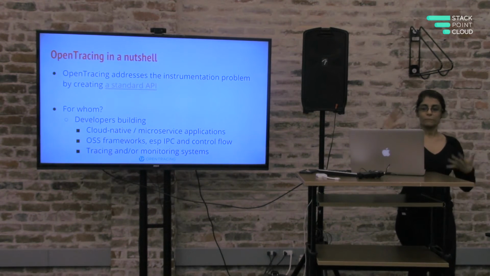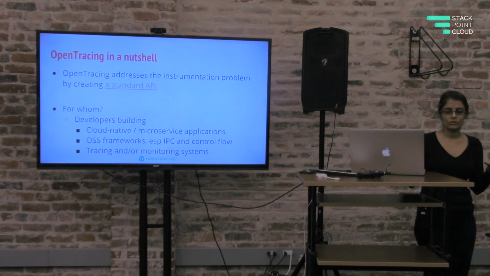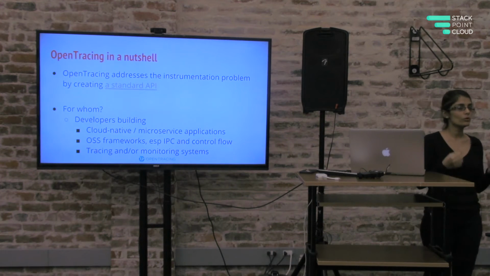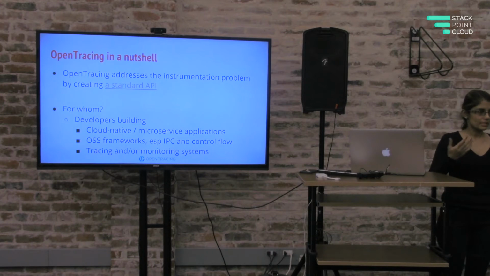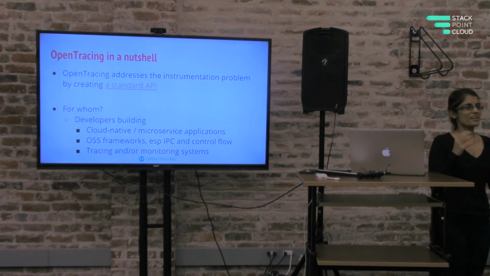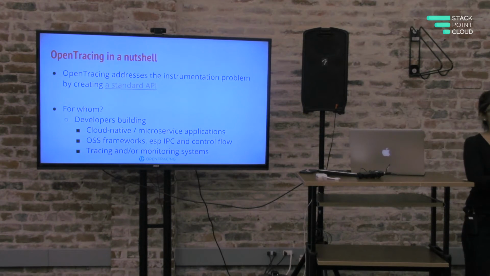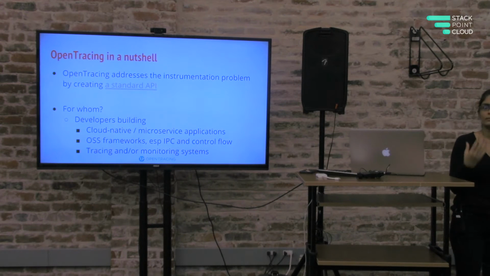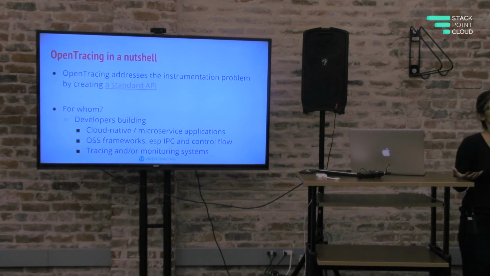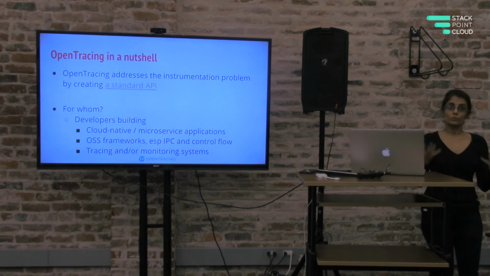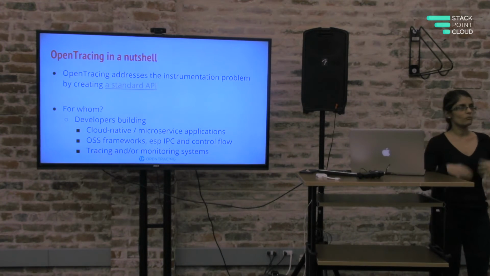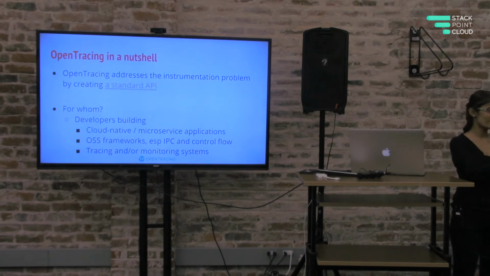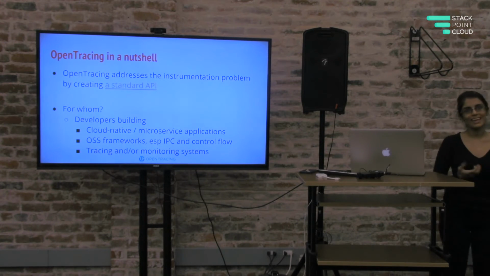And it solves the problem of instrumentation with an API, but for whom exactly? Obviously for developers, but one audience that benefits is application developers, people building their products who want to see what's happening in their system. That's fairly straightforward. Also, open source project owners who want to provide their users with clarity of what's happening in a system suddenly have an option.